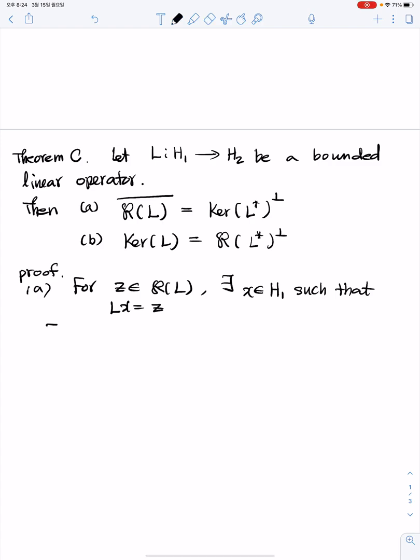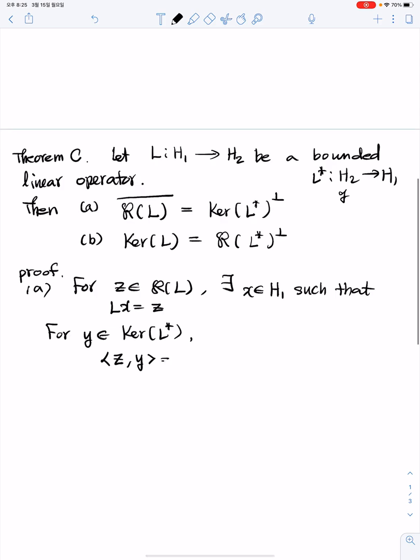Let's take y in the kernel of L star. Okay, so L star is from H2 to H1. I take an element y in the kernel, and then I compute the inner product of z and y.